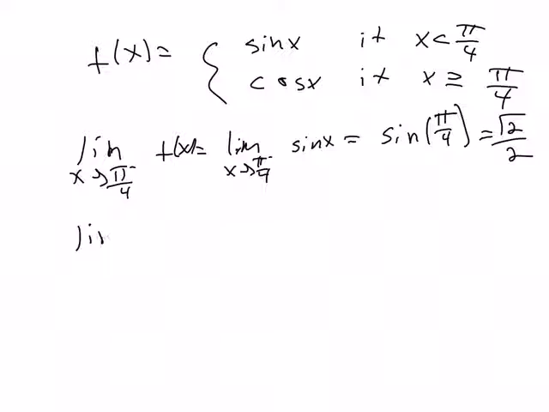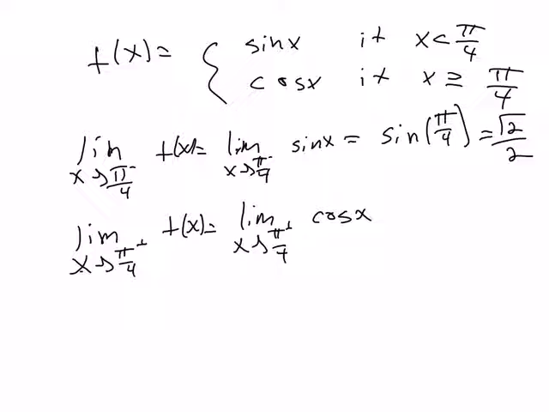And the limit as x approaches pi over 4 from the right of f of x is equal to the limit as x approaches pi over 4 from the right of cosine x, which is equal to cosine pi over 4, which is equal to the square root of 2 over 2.